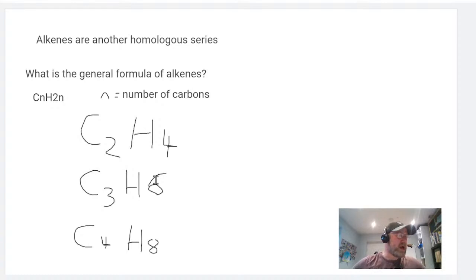Yeah, there is no methane. Why is there no methane? Now there's no such thing as methane. The first alkene is actually ethene. Why can't we have methane? What's the rule with alkenes?